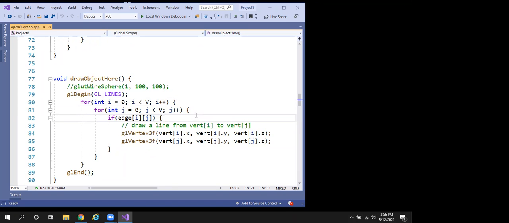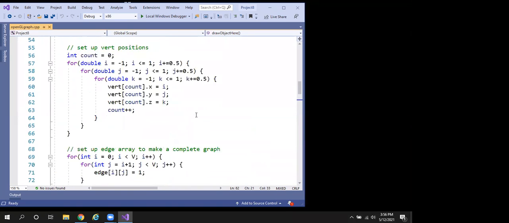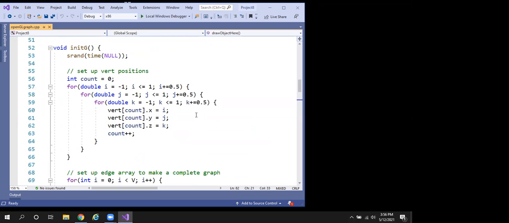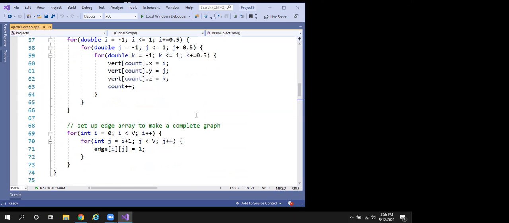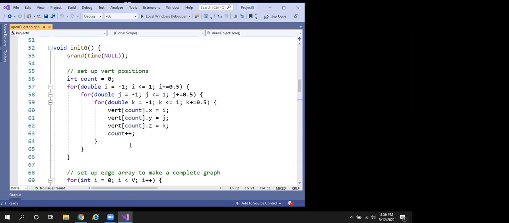Okay. So let me show you what I did. For init G, this is what you're going to change. You're going to set up your vertex positions and then set up your adjacency matrix. Here's what I've done to set up my vertex positions. I've arranged them from -1 to 1 by adding a half in each dimension, so I go -1, -1/2, 0, half, 1.